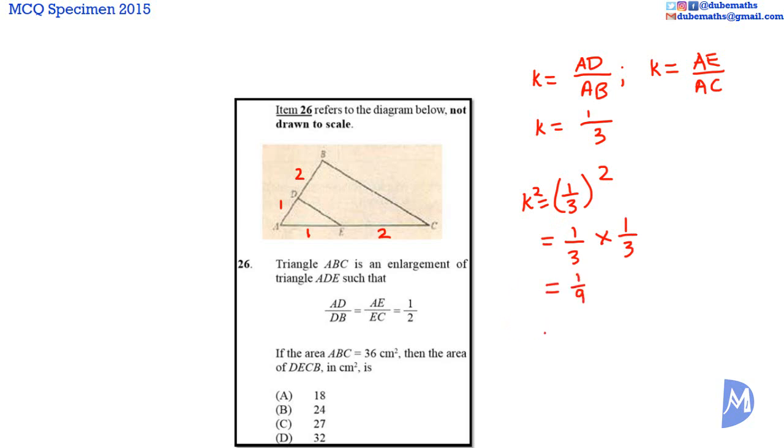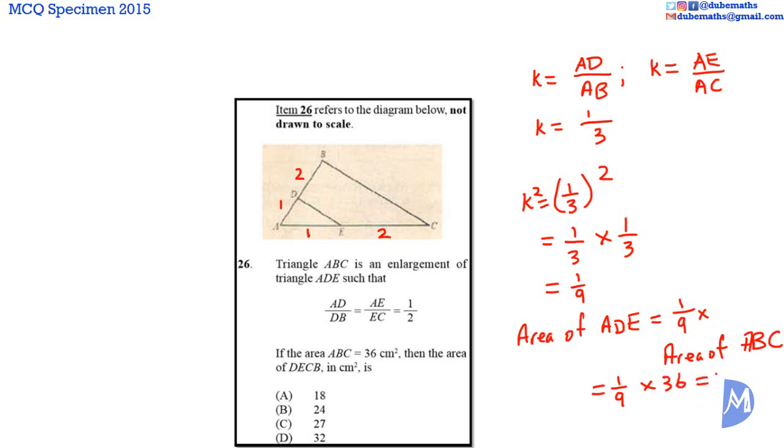Therefore, the area of ADE is equal to 1/9 multiplied by the area of ABC. The area of ADE is equal to 1/9 multiplied by 36 centimeters squared, which is equal to 4 centimeters squared.